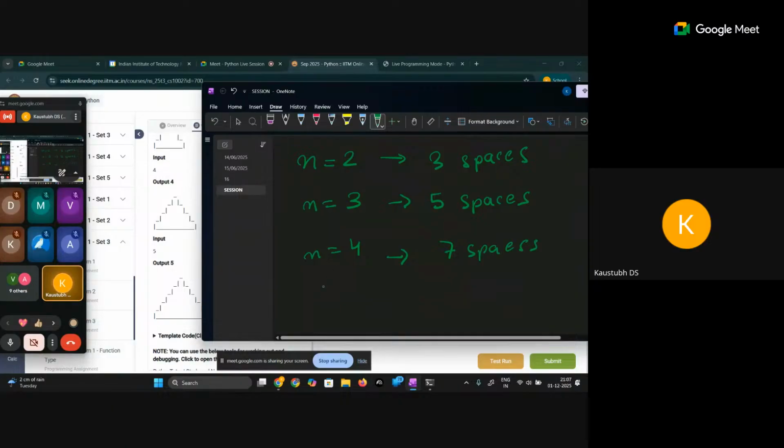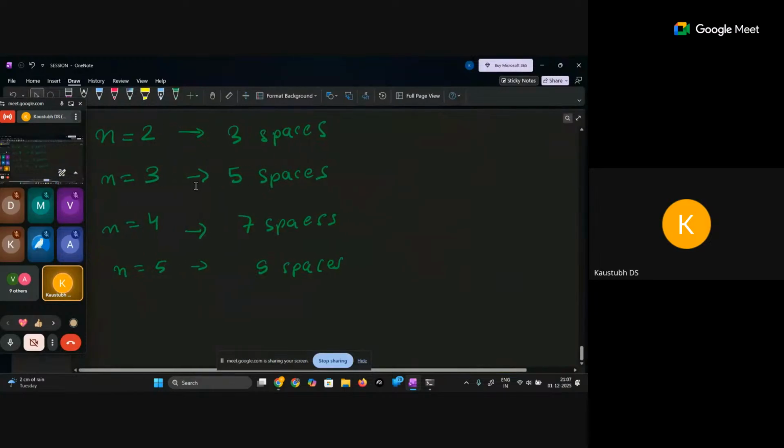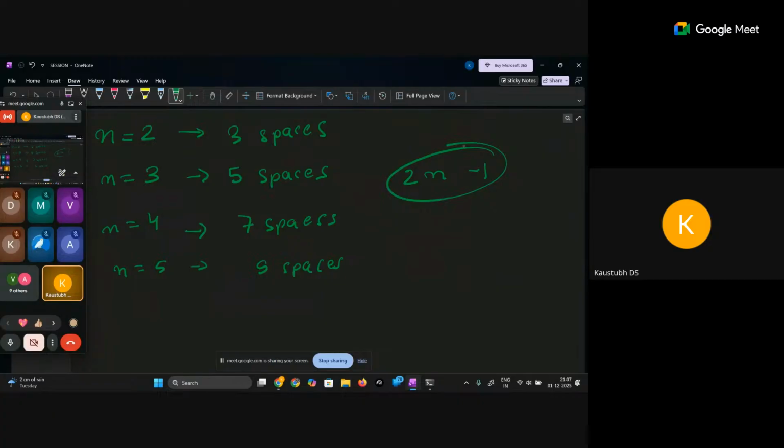And as we just counted, for n equals 5, we had 9 spaces. So we can see that the number of spaces the first line has is clearly dependent on n. And as Manjeet said, the formula turns out to be 2n minus 1. 2n minus 1 spaces in line 0 always.